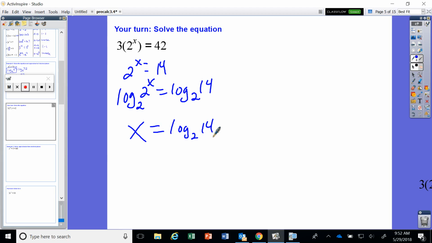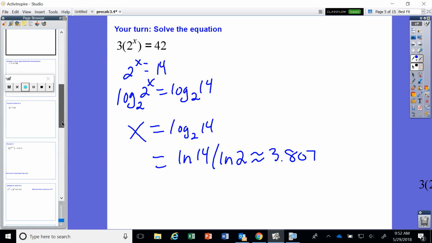If we're going to solve this one out, this is the natural log of 14 over the natural log of 2, which is roughly 3.807.